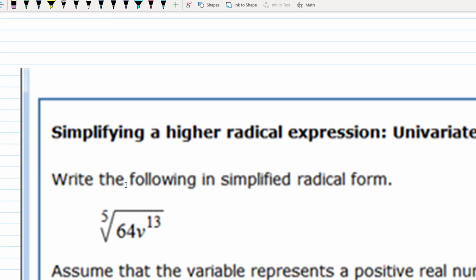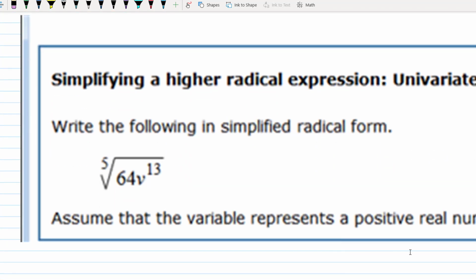Moving on to the next one, we have the 5th root of 64v to the 13th power. All right, well, you first have to rewrite this 64 as its prime factorization. So I am going to start by listing a few of the primes, 2, 3, 5, 7, etc. These are prime numbers.